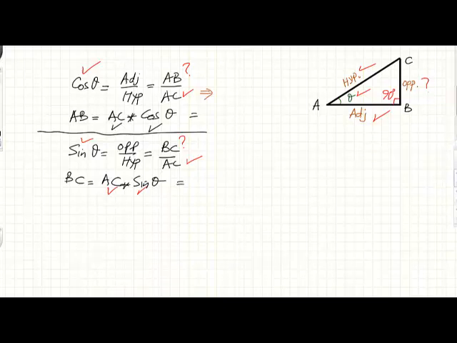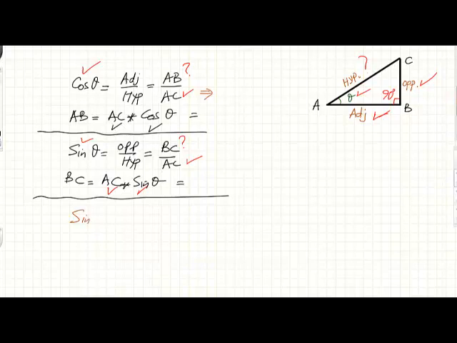and because this is known, we'll be able to get the value of BC. And the same thing goes in case the hypotenuse is unknown. So let's demonstrate that part. This is known and this is the unknown value. In this case, you can apply either sine or cosine, and let's go with sine.